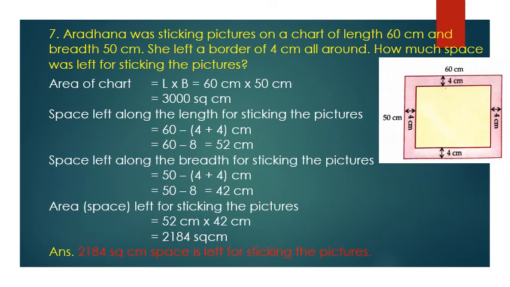Therefore, children, our answer is 2184 square centimeter space is left for sticking the picture. So this way we have come to the end of exercise 17C. I hope all of you have understood all the word sums of this exercise thoroughly and properly.